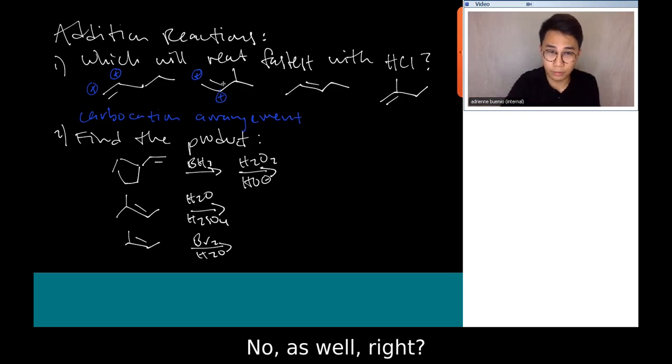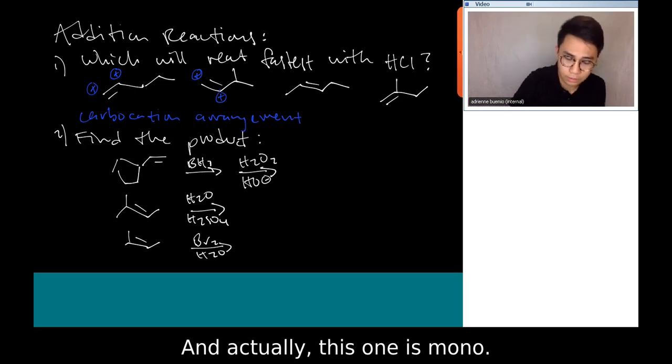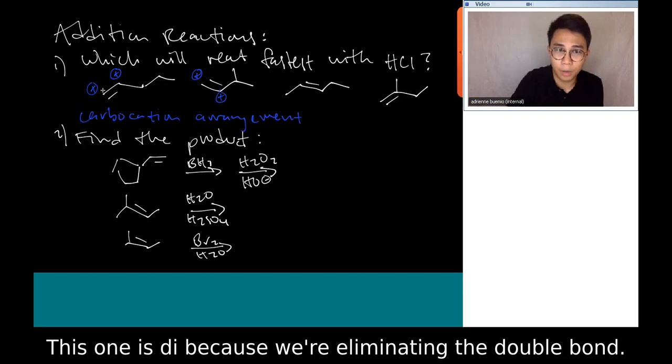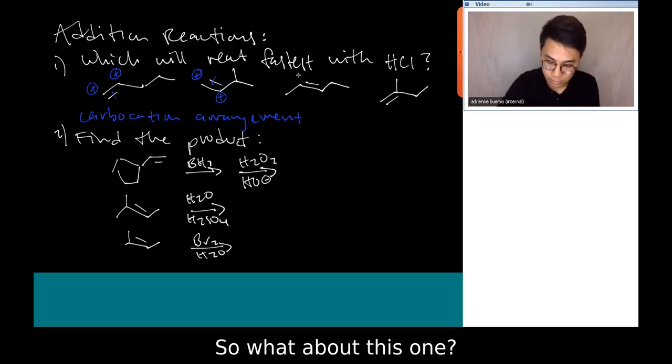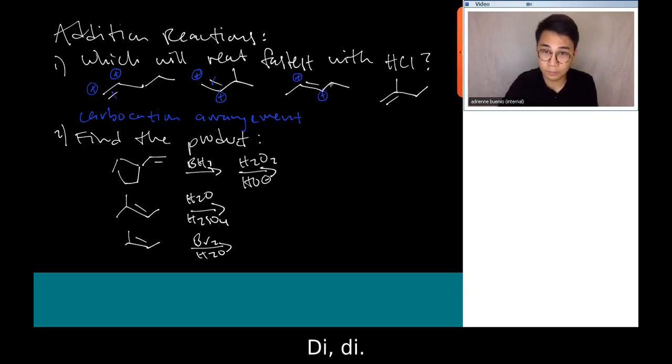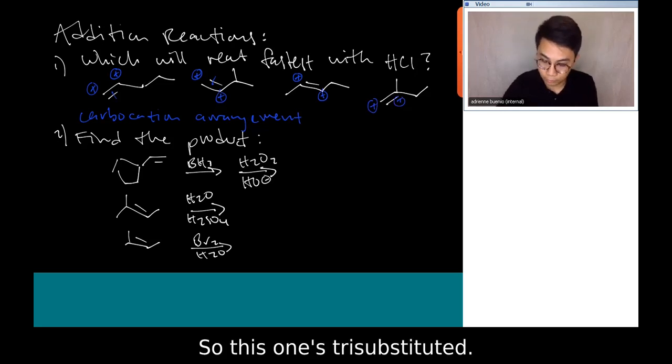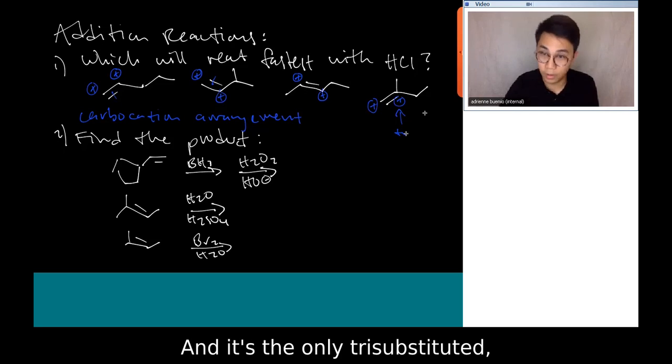No, as well, right? And actually, this one is mono. This one is di because we're eliminating the double bond, right? So mono, di. So what about this one? Di, di. This one mono, tri. So this one's tri substituted, and is the only tri substituted.